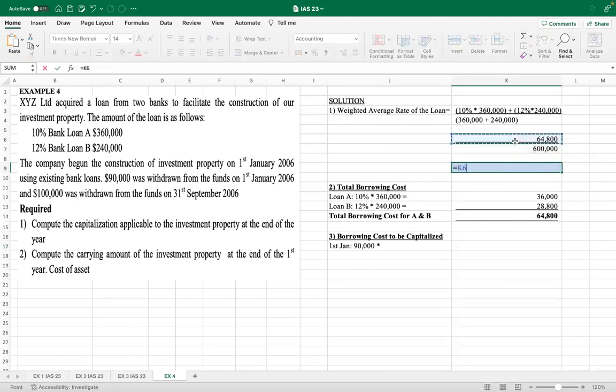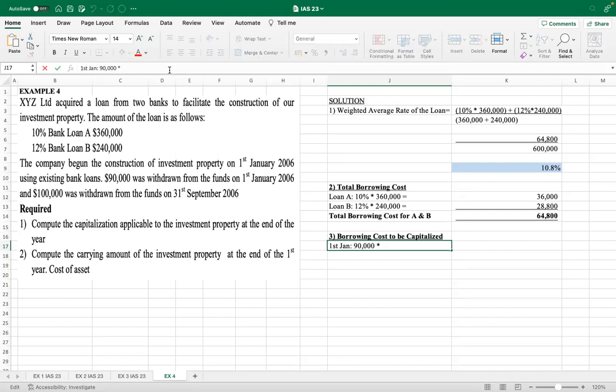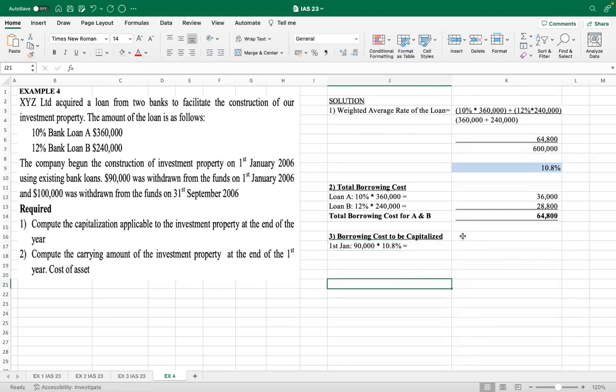Did I interfere with the formulas? I know what happened. So the average interest rate, I was looking for it and it was missing. That's why I've gone back. So the average interest rate was 10.8%.